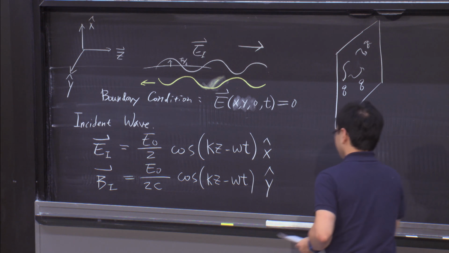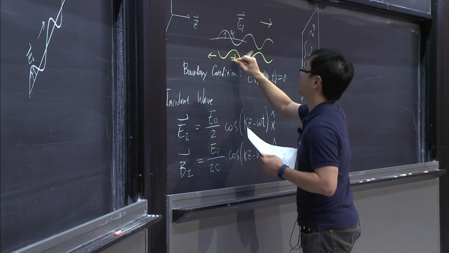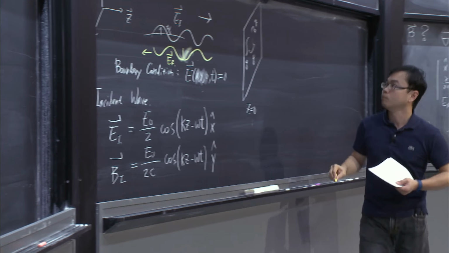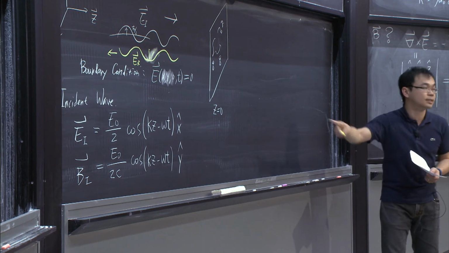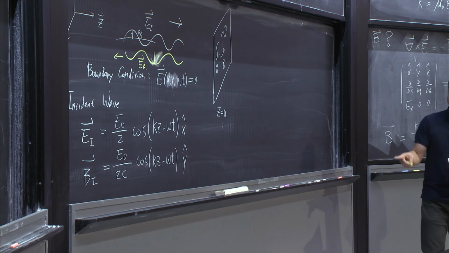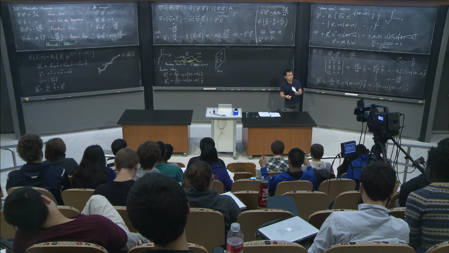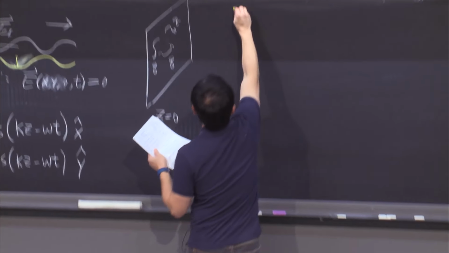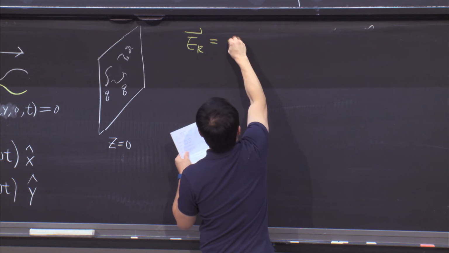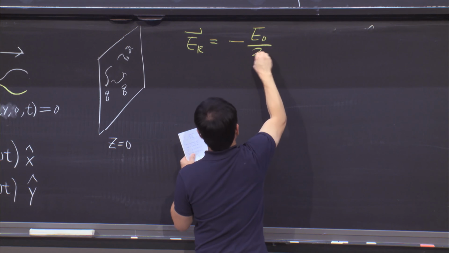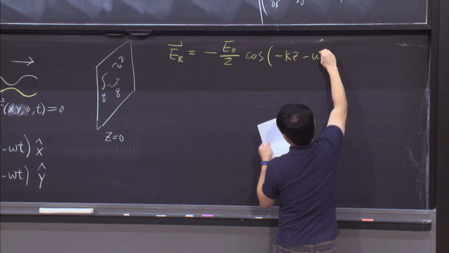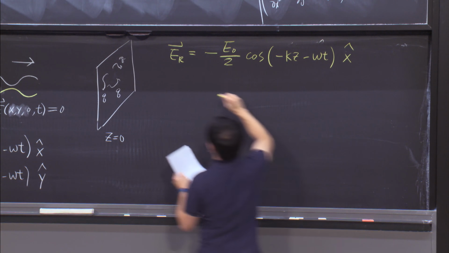And of course, as I discussed, there must be a reflected wave, ER, which cancels the electric field at z equal to 0. If that cancels the incident wave, that means the magnitude must be in the opposite direction of the incident wave, right? Therefore, I can quickly write down the resulting reflected wave. That will be equal to minus E0 over 2 cosine minus kz minus omega t in the x direction.